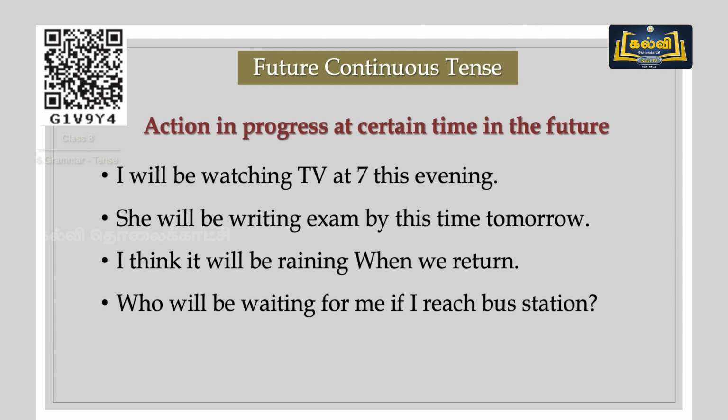This evening, tomorrow, and when we return. Not exact time I'm telling, the moment when we return. And if I reach, conditional time, if I reach bus station, it will be reached. So you can use all these adverbs of time or momentary future moments. You can express future continuous tense along with it.